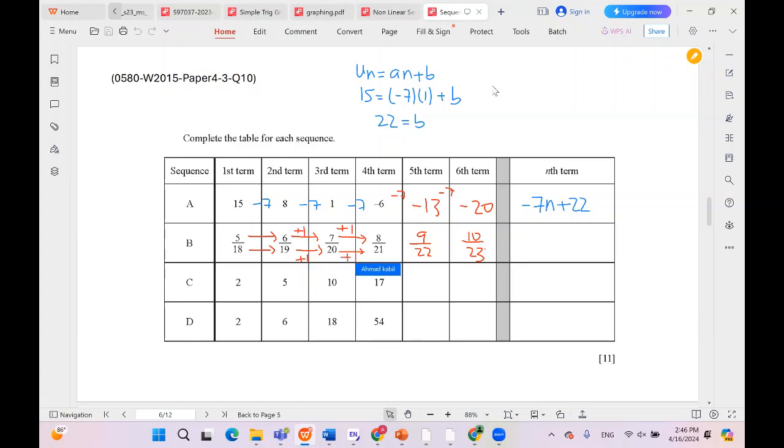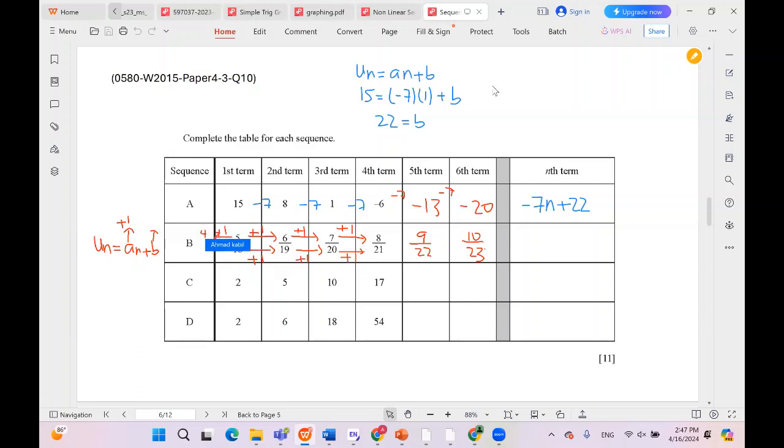I'm going to teach you a quick way to get the an plus b. You don't have to do it. You can just use the standard way, but it's just a very quick way of solving. So we said un equals an plus b, and our target is to find a and b. A is the common difference, so it's plus 1. To get b in a very quick way, you just get the 0th term only in linear sequences. So if you want to get b here, you just do minus 1. So what plus 1 equals 5?